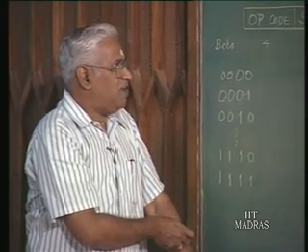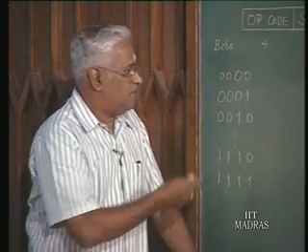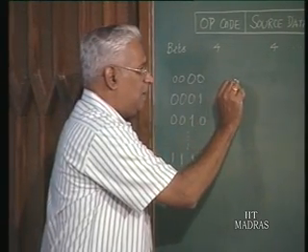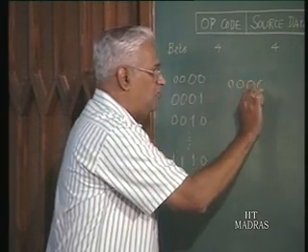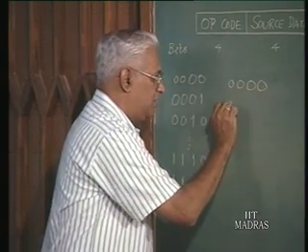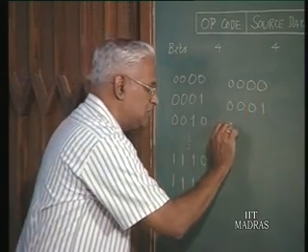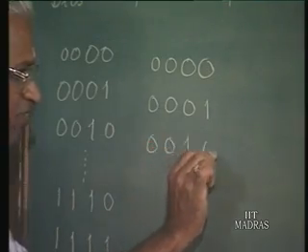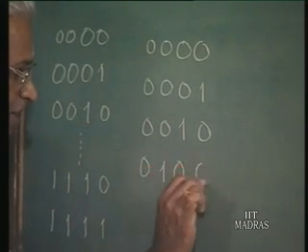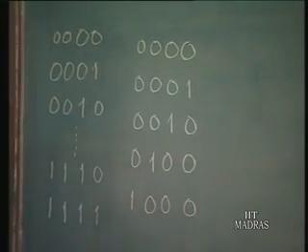Now, there is another way you can create codes with n bits, let us say with 4 bits itself. For instance, how about this? Suppose we have this one code, then another code, a third code, then this code, and then this code.